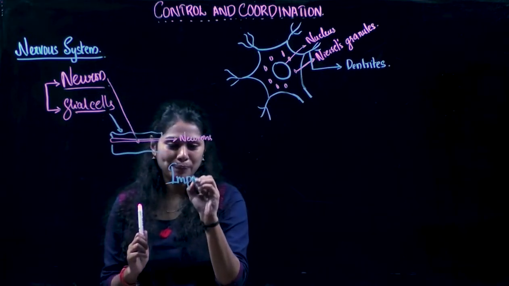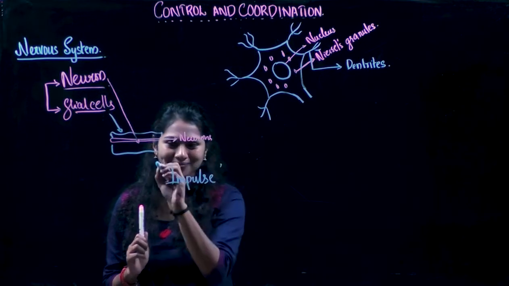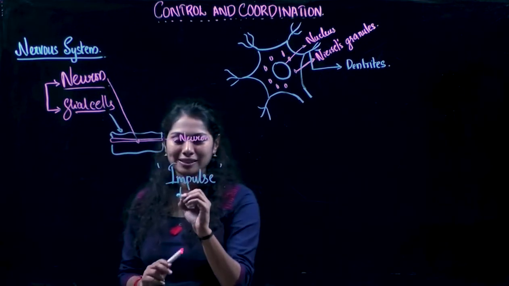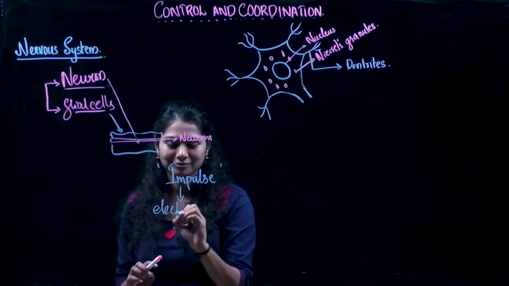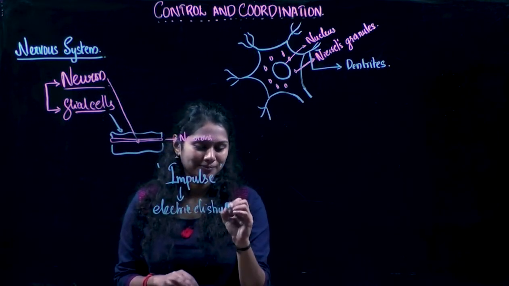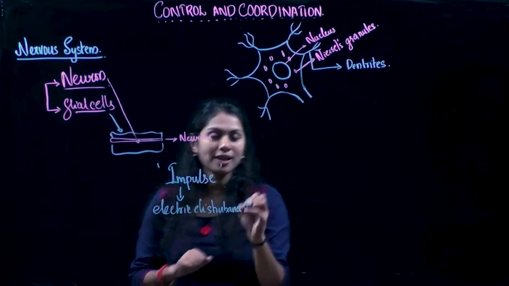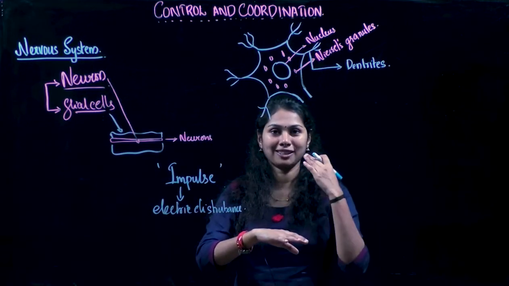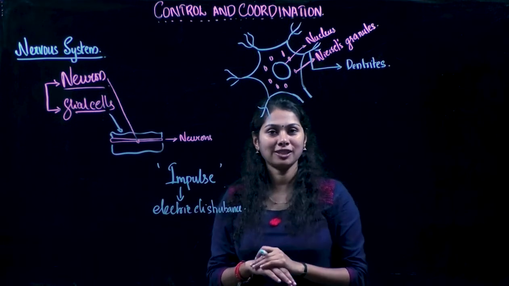What is an impulse? An impulse is an electric disturbance. That means when I am touching my skin, I can feel it. How can I feel the touch?